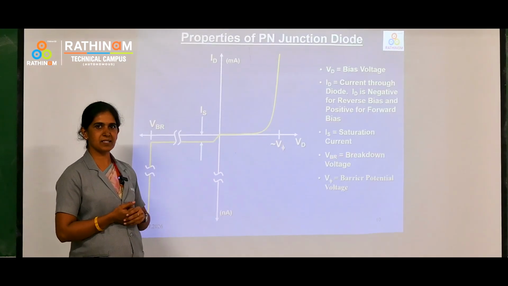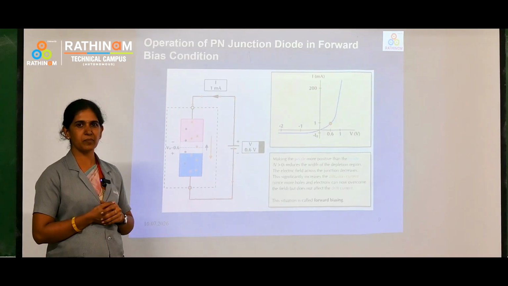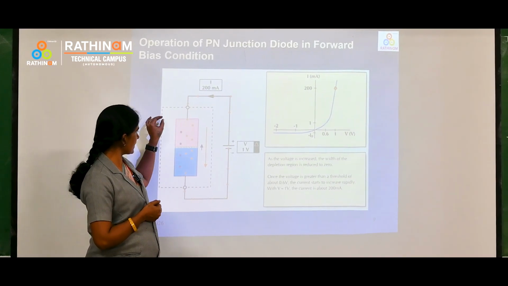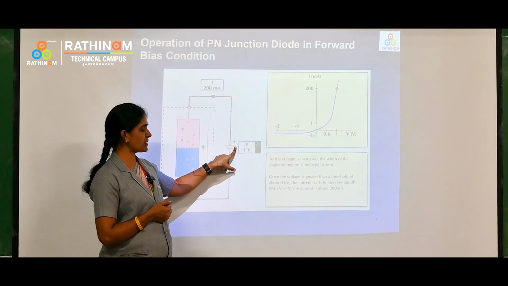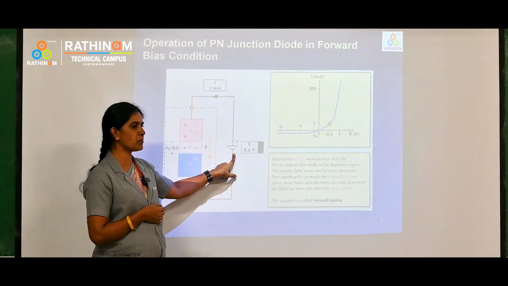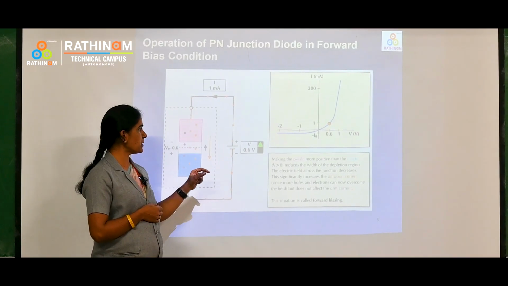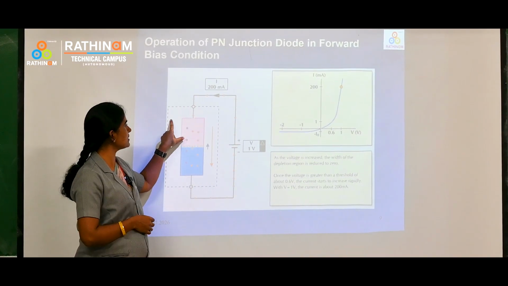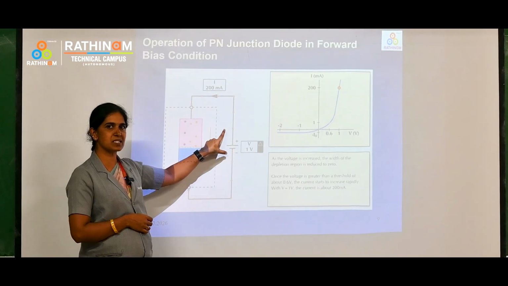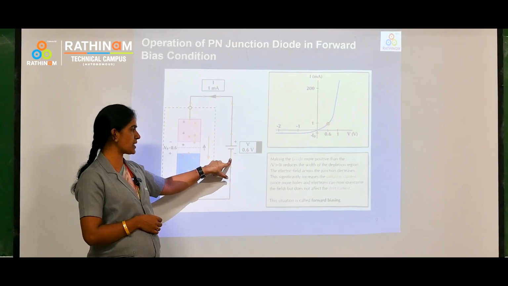Next, the forward biased condition. So what is meant by forward bias? Forward bias means connecting the p-type material with the positive polarity of the battery and the n-type material with the negative polarity of the battery. From the statement of Coulomb's law, here the electrons and holes are attracted towards the positive and the negative polarity of the battery.